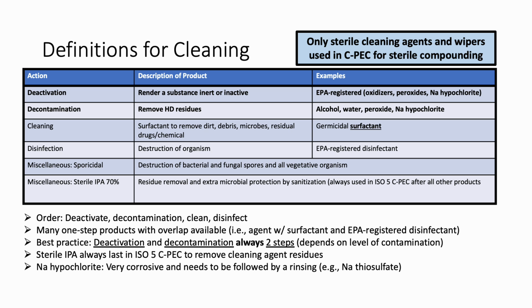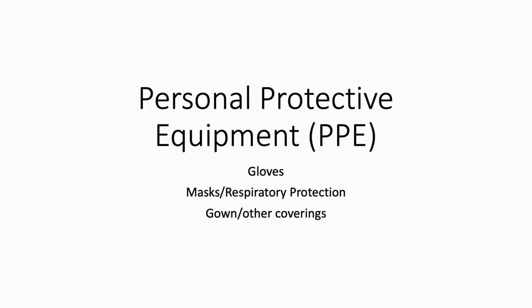And then just as a brief review, isopropyl alcohol, 70%, is really used to reduce microbial growth through sanitization because it doesn't kill everything, but also to remove residues from chemicals left behind that we were just talking about.